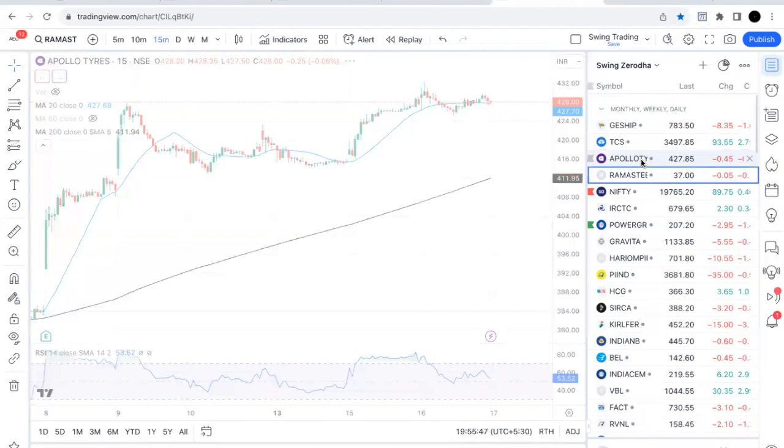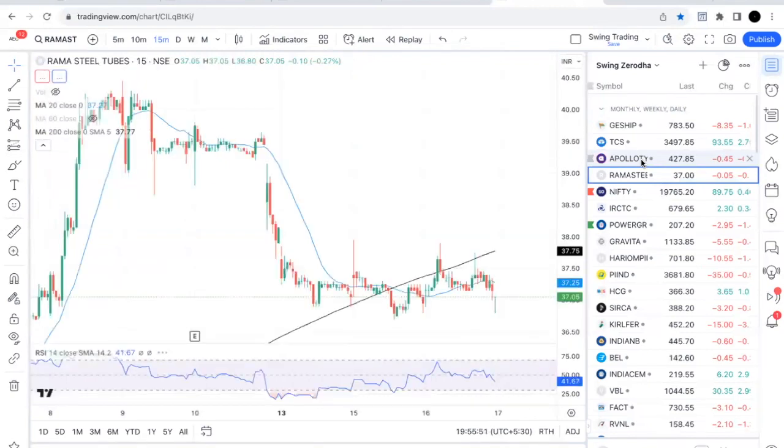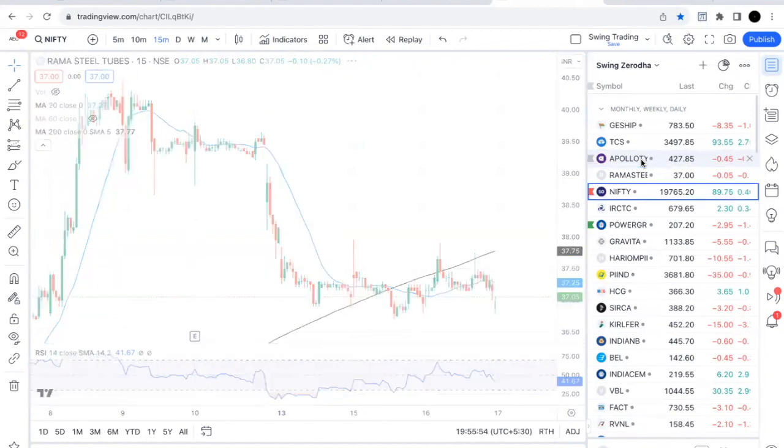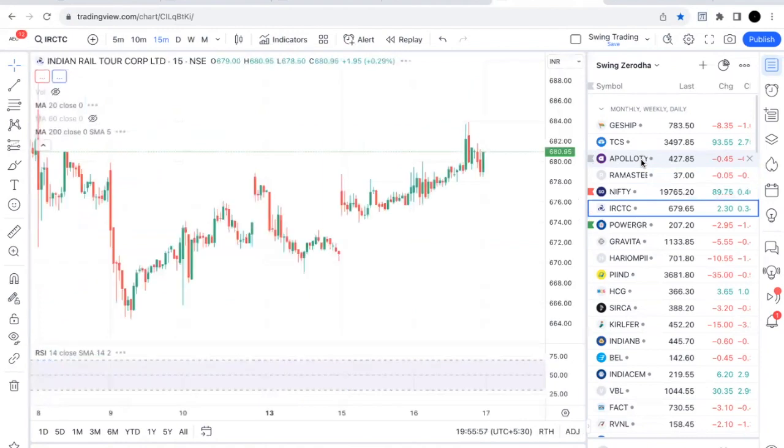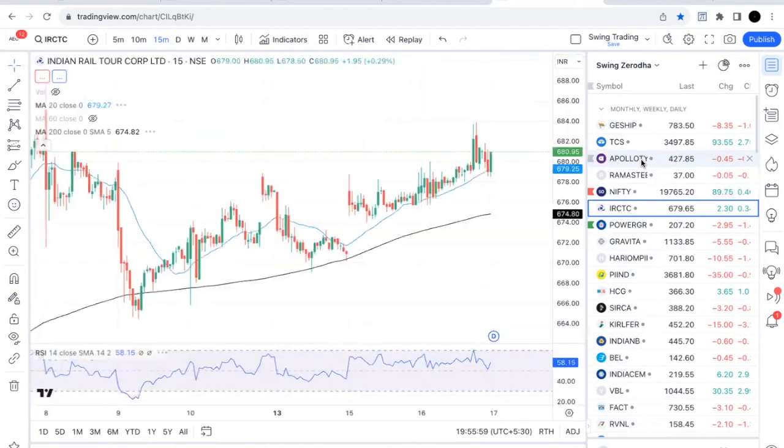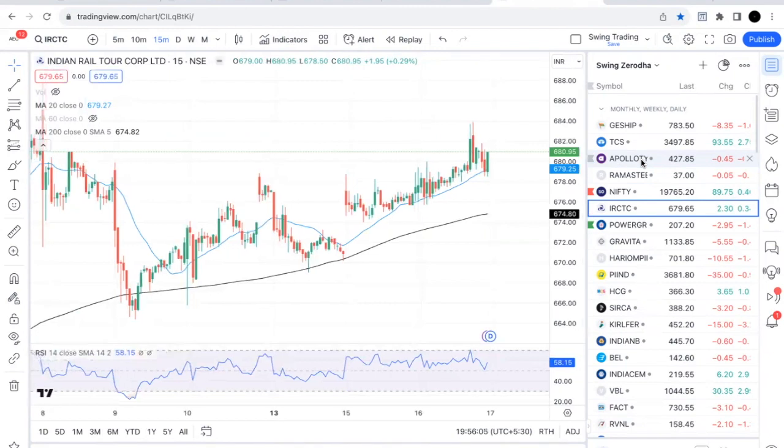Let me look for some examples of what I intend. All right, IRCTC, I haven't traded that in a while, but sometimes what I do is, when the price goes away from the 20, I may enter expecting it to go back.